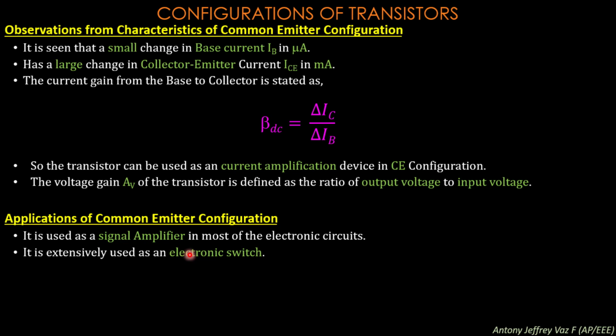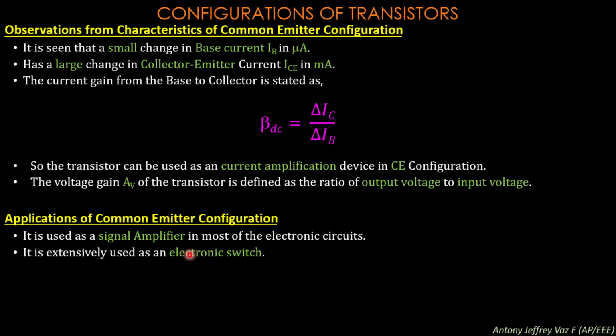So if you have a low-power input device such as a microprocessor or microcontroller, and you need to connect it to a 230 volt supply or a relay, then you need to interface both with the help of an electronic switch. In that case, the transistor plays a major role in connecting AC appliances or any other heavy loads to the required supply with the help of an electronic switch.